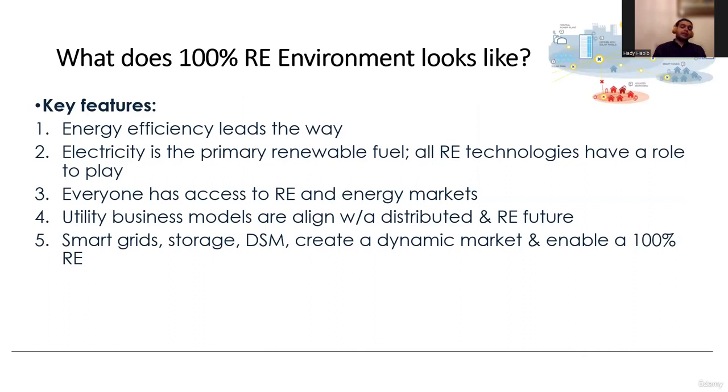If those are the challenges that we are facing to have 100% renewable energy, what will the 100% renewable energy environment look like? And what are the rules that we need to have a reliable 100% renewable energy community? Number one, you should be energy efficient as much as you can. Don't try to use many loads at the same time, because you will make turning to 100% renewable energy impossible by this behavior.